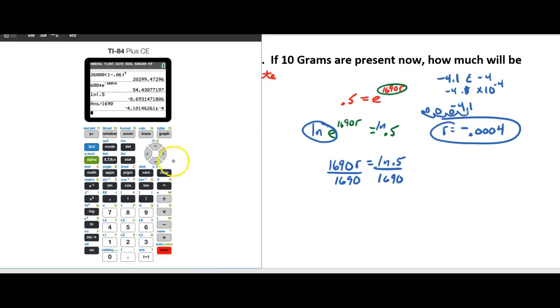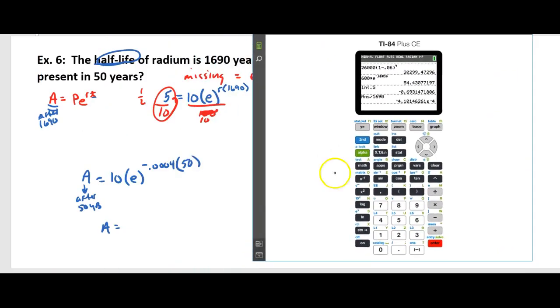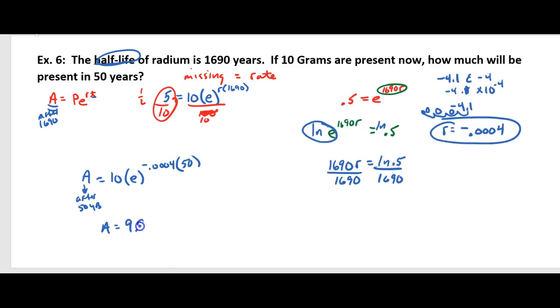And if I plug that in the calculator, I get 10 second e to the negative 0.0004 times 50, and right away I get, there would be 9.8 grams left after 50 years.